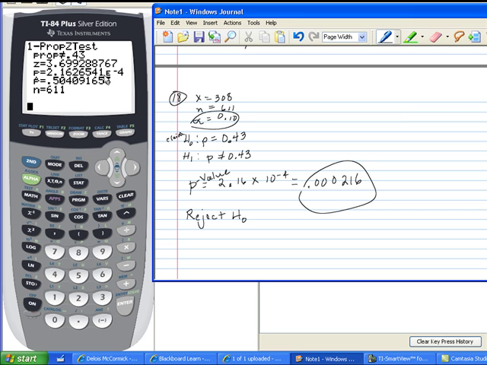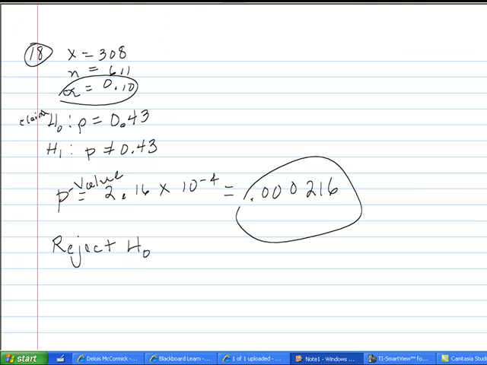Okay, so let's think about our conclusion, how we want to word that. The claim is the null hypothesis, and we're rejecting it.